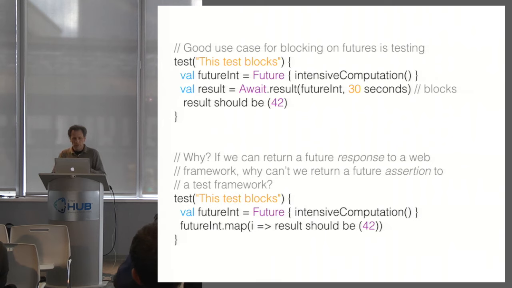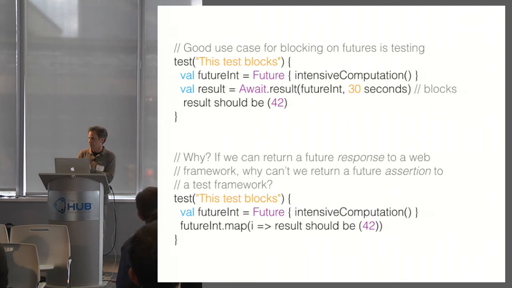And so it would look something like this. It would look similar to the thing you give back to Play. If I have a future in hand in my test, I just map an assertion onto it and return that future assertion to the test framework, right? So I thought, well, that's interesting. Why don't I ask the Akka folks? So I emailed Roland Kuhn and Viktor Klang and Jonas and Heiko and just said, well, does that sound interesting to you?